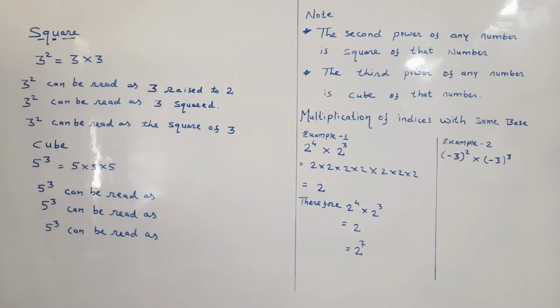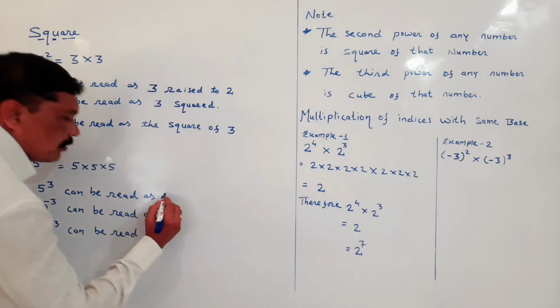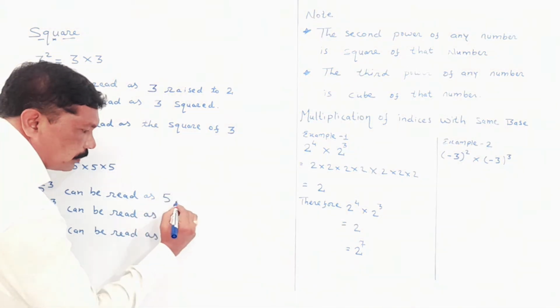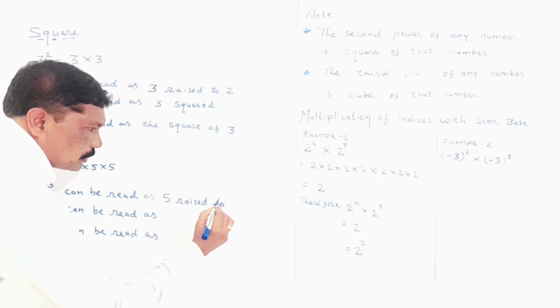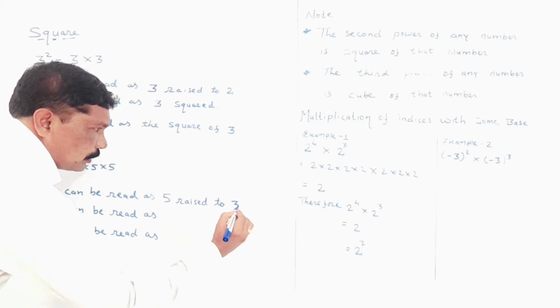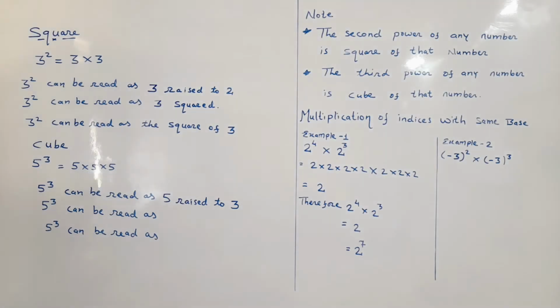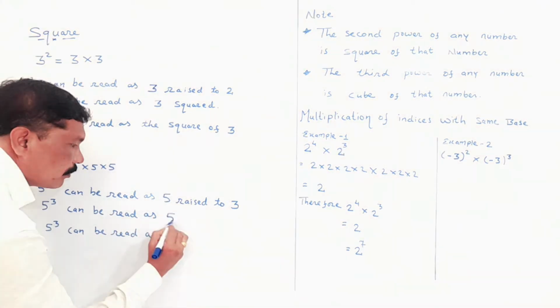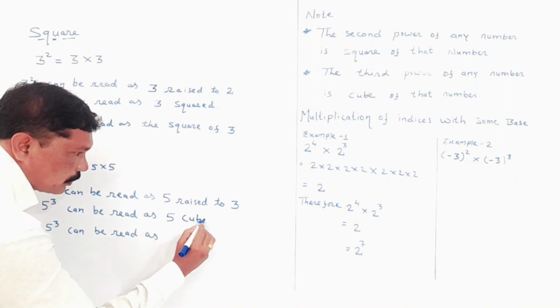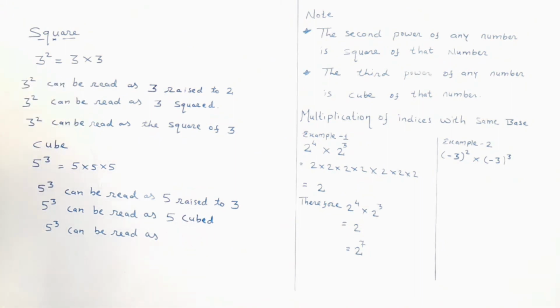This we have studied. This 5 raised to 3 can be read as 5 raised to 3. This can also be read as 5 cube.